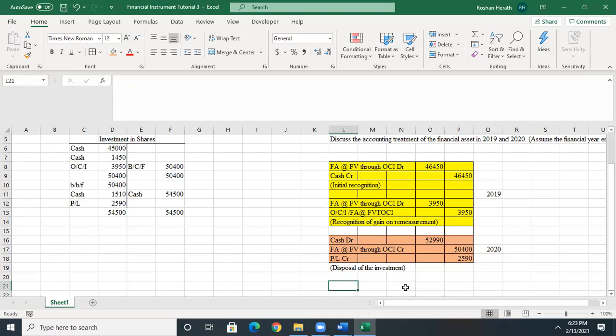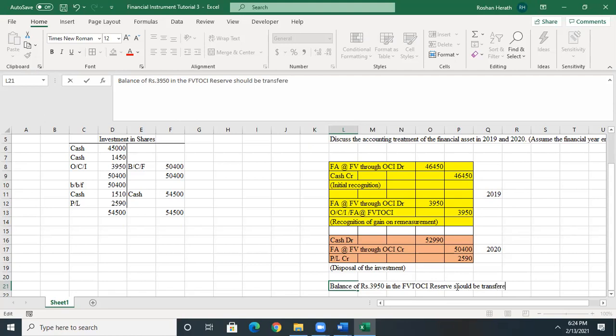In other words, the balance of rupees 3,950 in the fair value through other comprehensive income reserve should be transferred to retained earnings in the statement of changes in equity, isn't it?